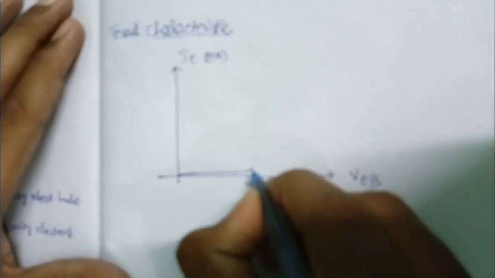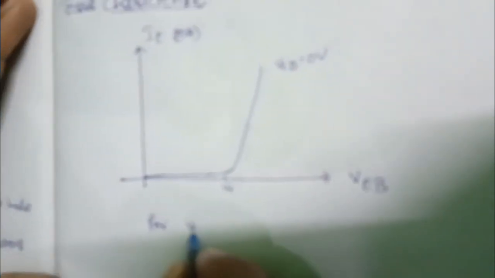After the cut-in voltage, it increases exponentially. VCB equal to 0 volts. V gamma is 0.7 volts for silicon.